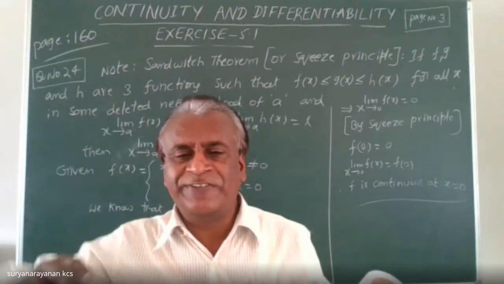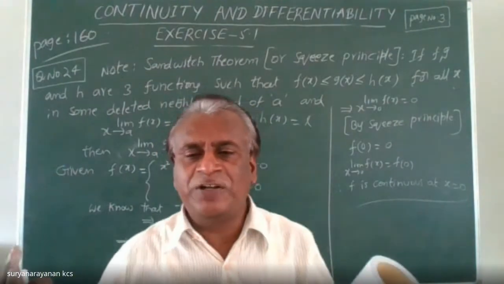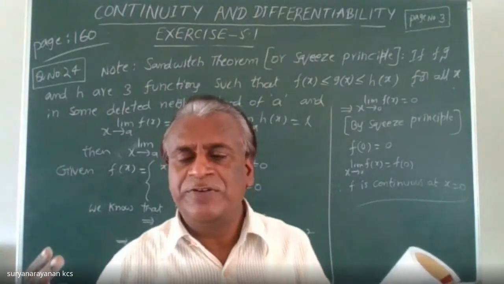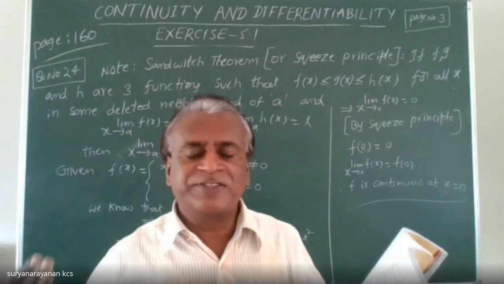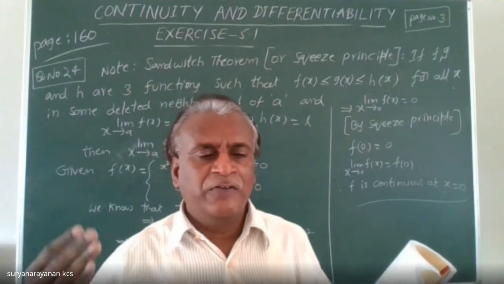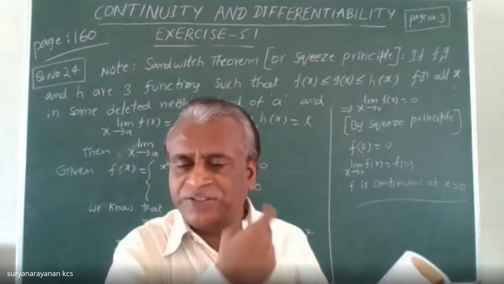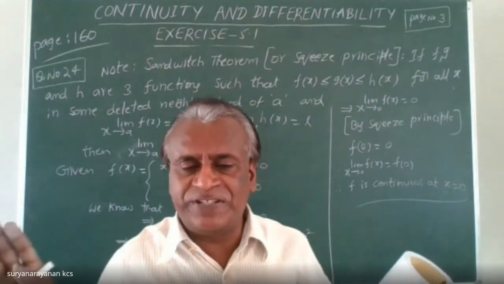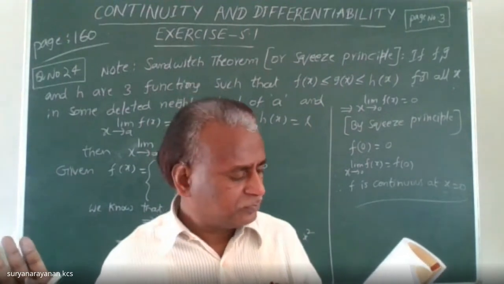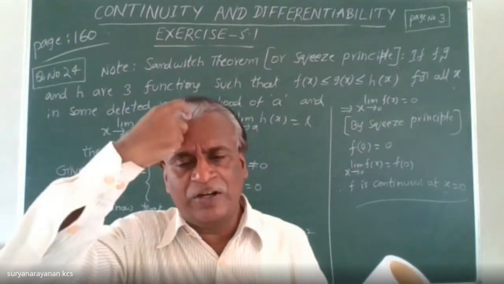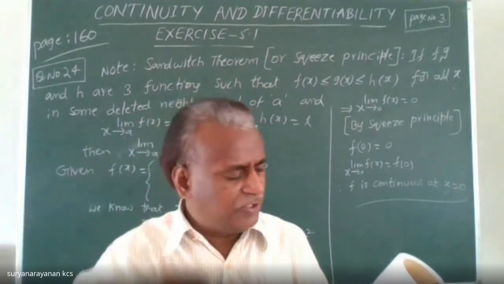There is no twist. There is no difficult point in this question. Directly find the limit of the given function at x is equal to 0 and find f of 0. That's all.